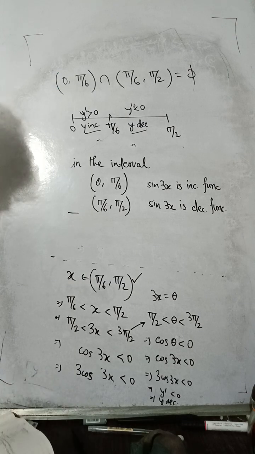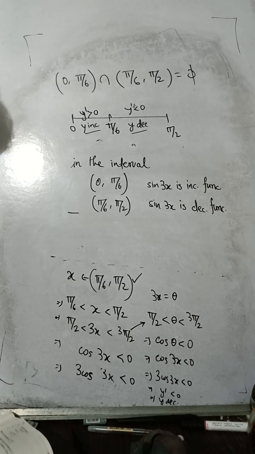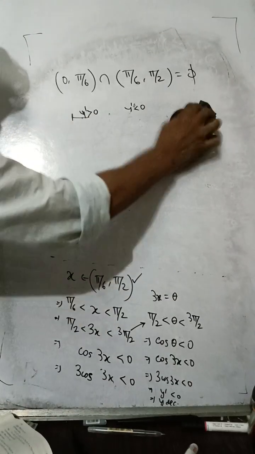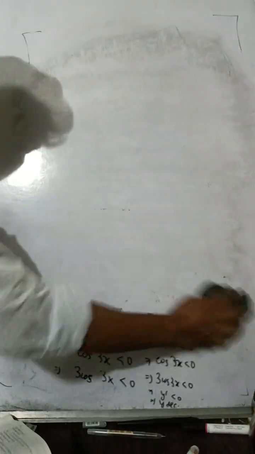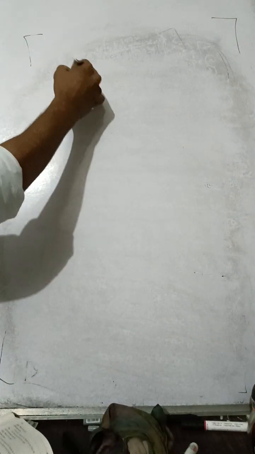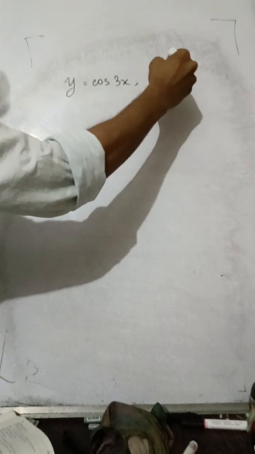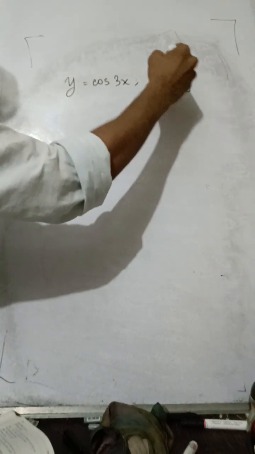This was one of the first questions for today. Next, let us try out another sum, maybe cos 3x. What about cos 3x in the same interval? Say y is cos 3x in the same interval from 0 to pi by 2.